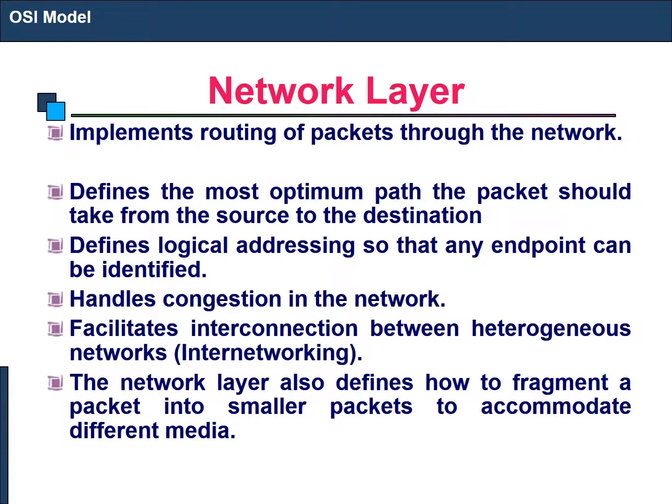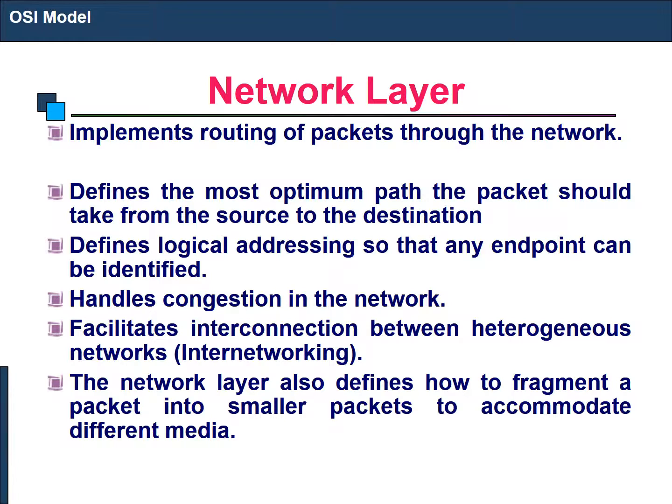Now, the major work of the network layer is to send the packet from source to destination IP. The network layer defines the optimum path the packet should follow from source to destination. It gives a logical addressing. It finds and handles all the congestion on the network, and it finds the best way to make the packet reach the final destination.